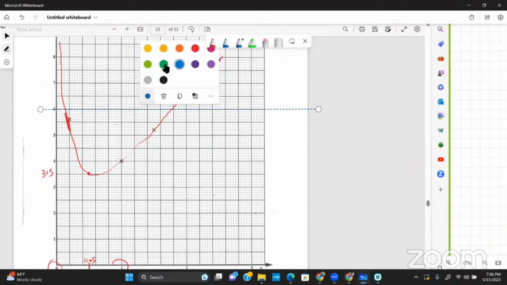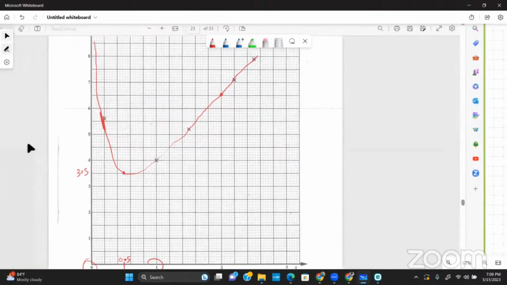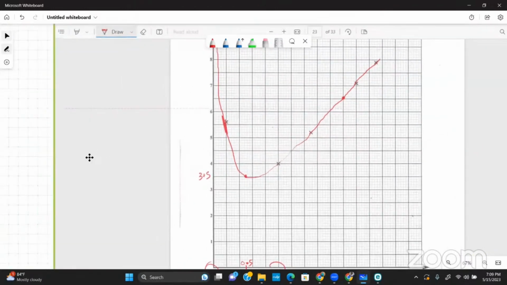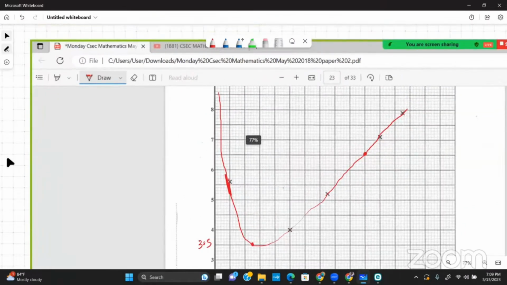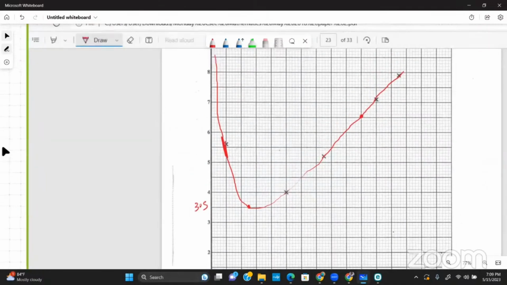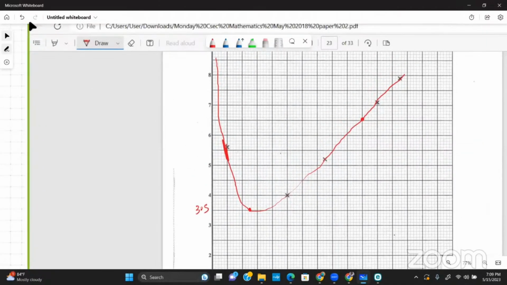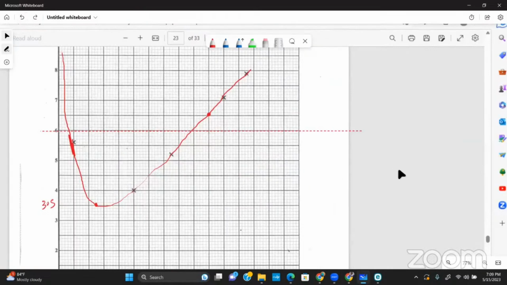Not red, maybe. I'll let the red stay. Let me push this across and blow this up now. All right, the 6 is gone. Let me go back. There it is.